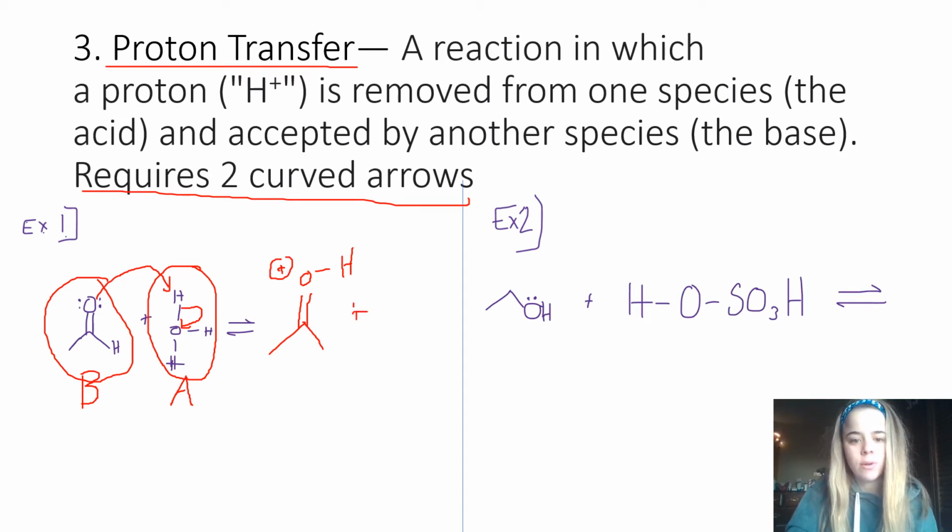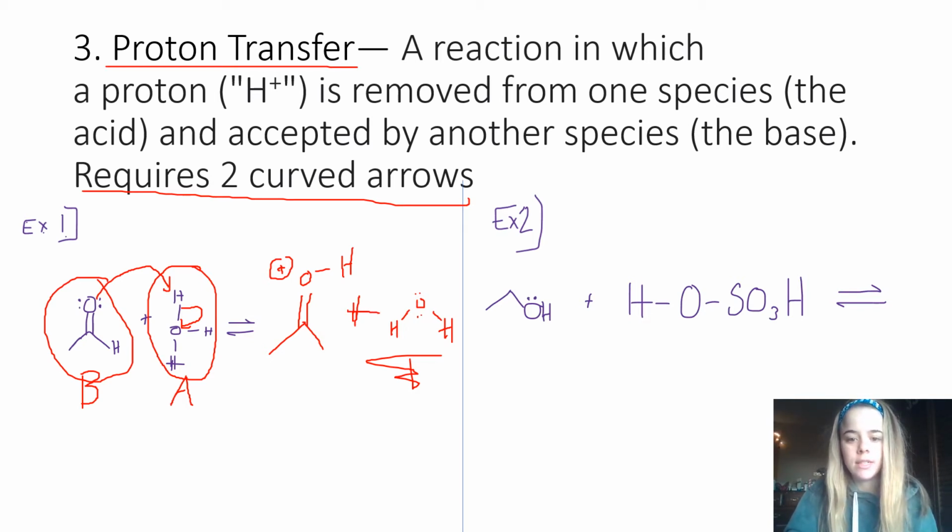And then this is going to actually form water. So one thing about a proton transfer is that sometimes it doesn't show the water forming in the second part of the reaction, and don't be scared if you don't see that. Sometimes it's just not drawn in, but don't think that it's not a proton transfer because of it.